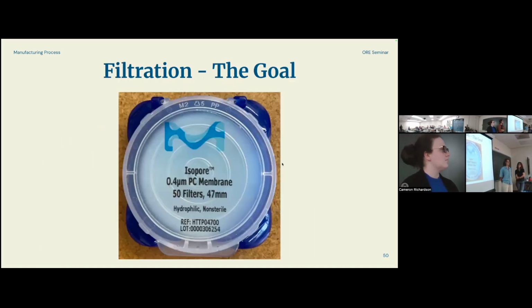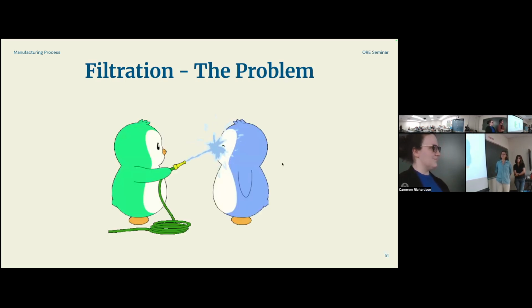Coming to our filtration, so one of the secondary requirements, design requirements, was that our PIs wanted in situ filtration. So the one that they wanted is the 0.4 micrometer PC membrane. So we tried to make this work first before we looked at any alternatives, and we got a big problem there.